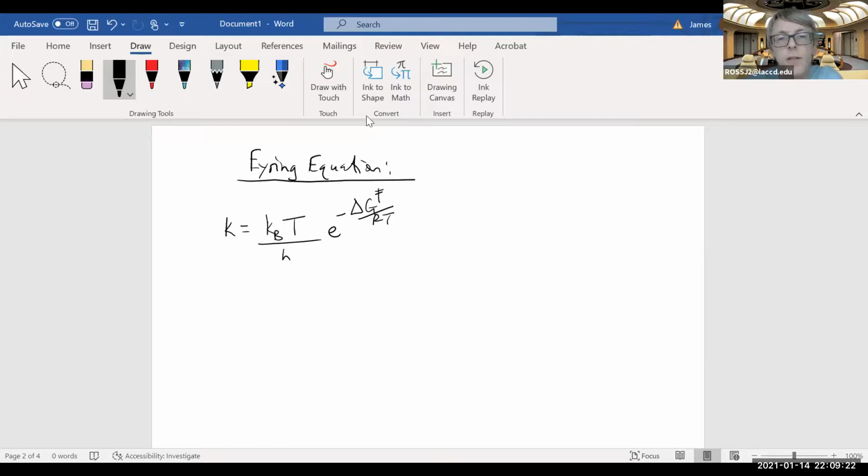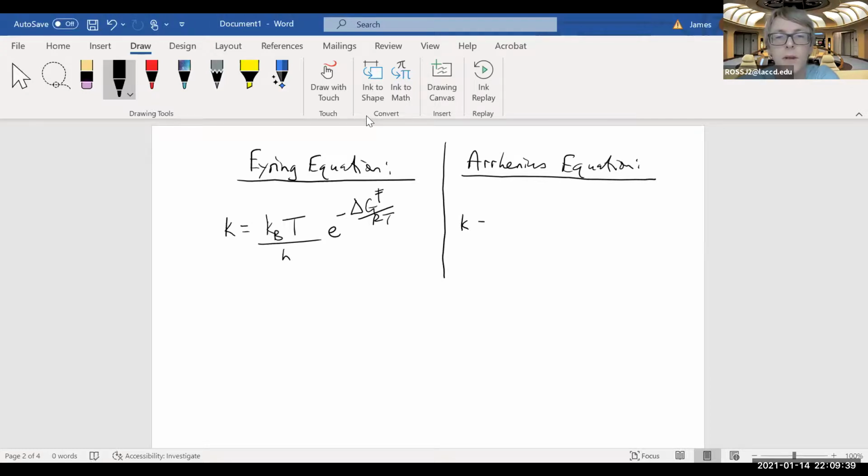So we can compare this with the Arrhenius equation that we've just spent a long time looking at.